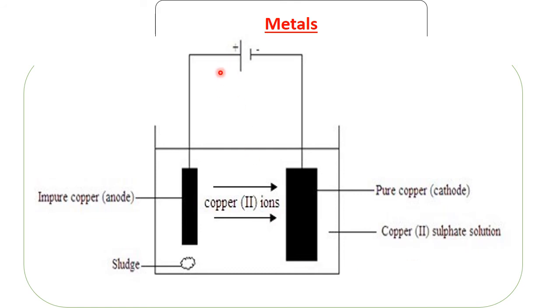So once the circuit is powered, what's going to happen is the impure copper here is going to separate, like the copper is going to separate from the impurities. So once the copper separates from the impurities, it's going to be a copper ion. So these copper 2 ions actually need electrons for them to be stable because they are ions.